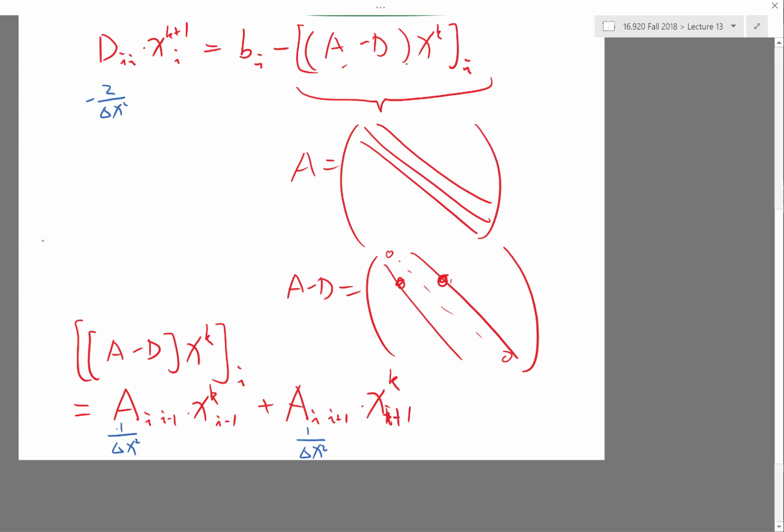It's minus 2 over delta x squared times x_i at the (k+1)th iteration equal to b_i minus 1 over delta x squared times (x_(i-1)^k plus x_(i+1)^k). So we know everything on the right-hand side, and the left-hand side can just be computed.